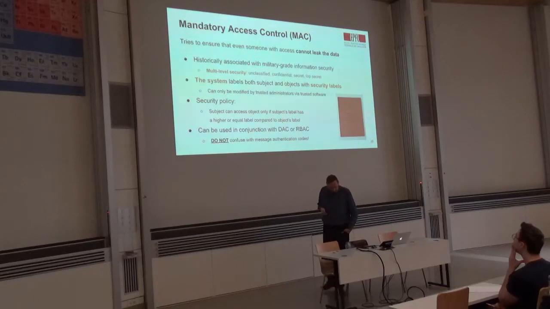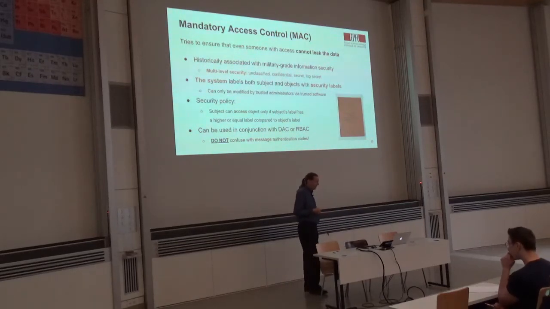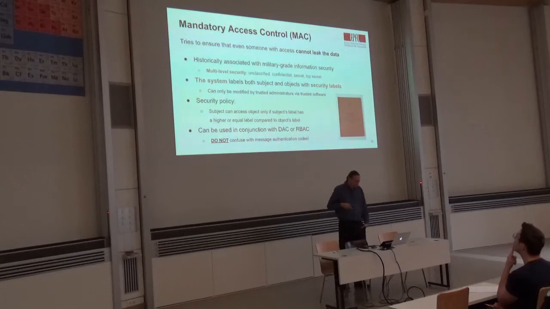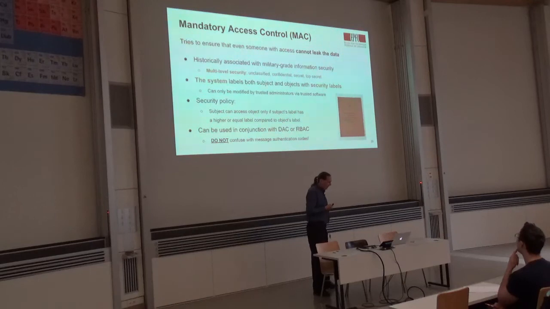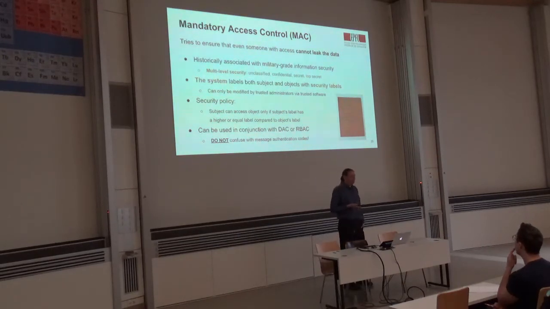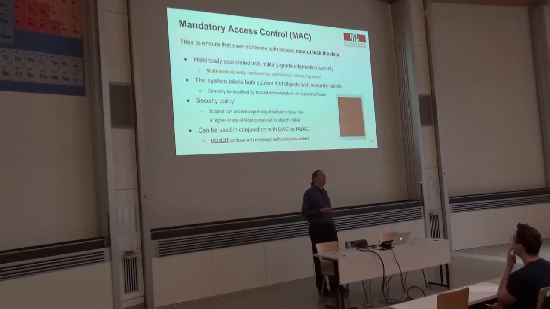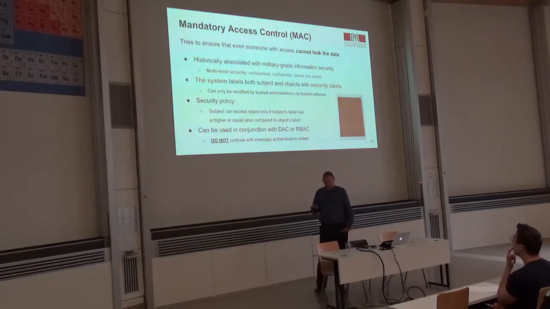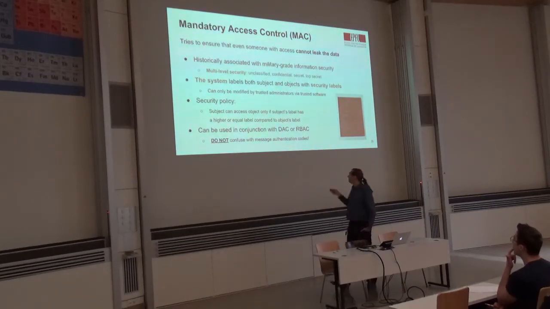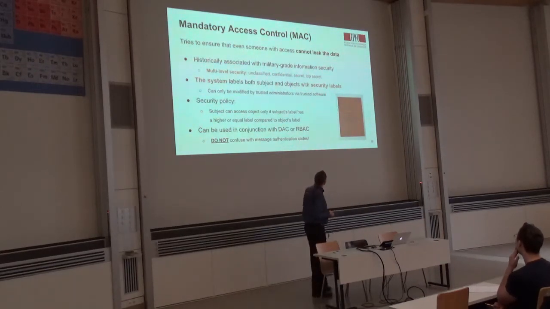So the third category, mandatory access control, was created a long time ago, partly to try to tighten up security much further, and this is especially associated with military-grade security systems. So the classic origin of the traditional theory and practice of mandatory access control comes from a famous book that tends to be called the Orange Book, from way back when.